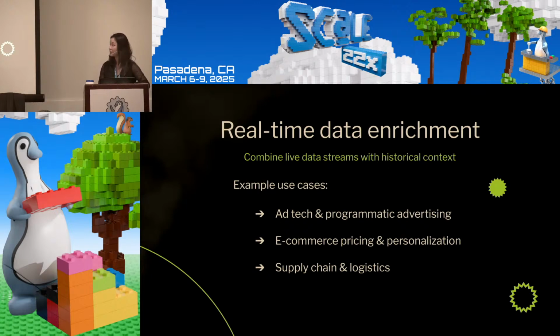So this could be very useful in ad tech and advertising: when an ad platform bids on an impression in real time, it can enrich raw bid requests with historic user data and browsing behavior to determine the best ad to serve. E-commerce, so any online store can dynamically adjust prices based off of real-time demand or user behavior so that they can maximize their profits.